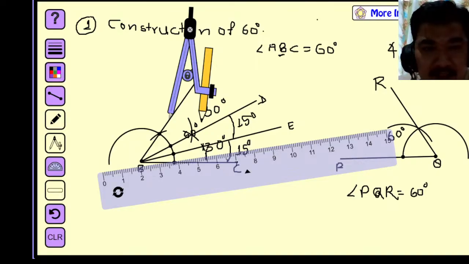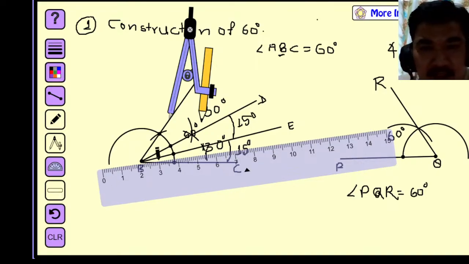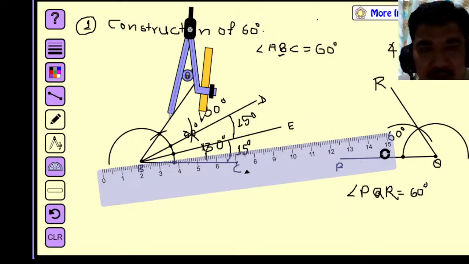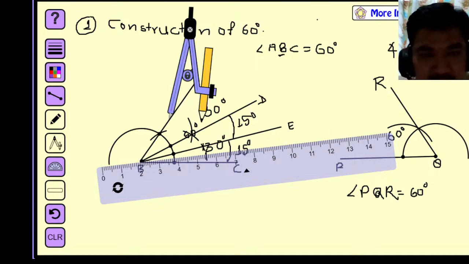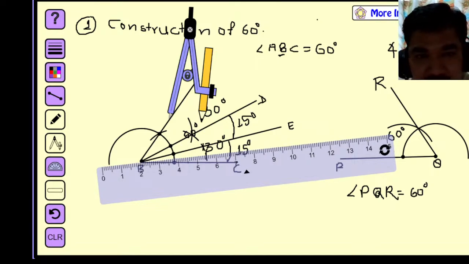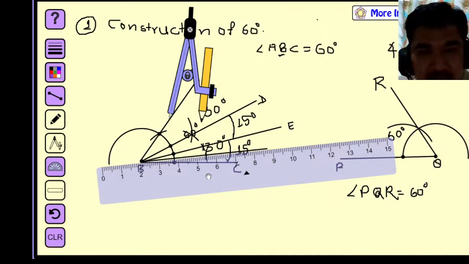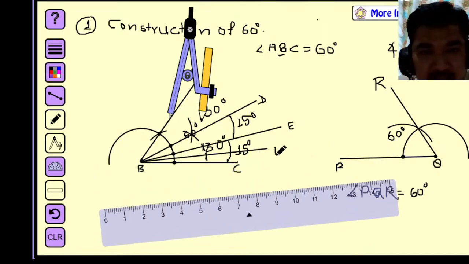Put the ruler straight, wherever that intersected, a little bit up, and always you have to join this. And look here, if you join this intersected point, and now suppose this is F, now we can say EBF.